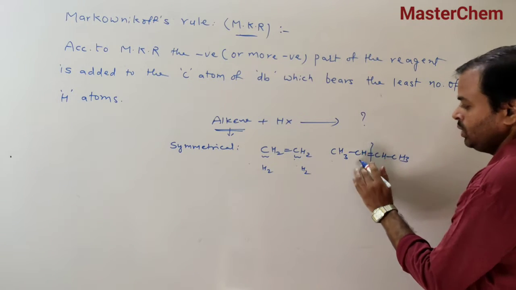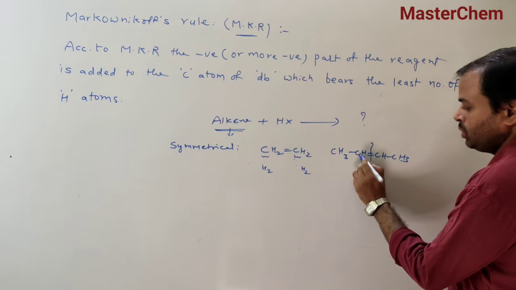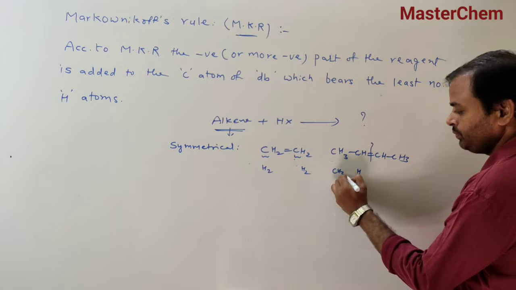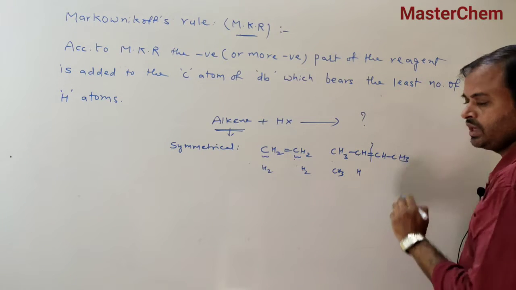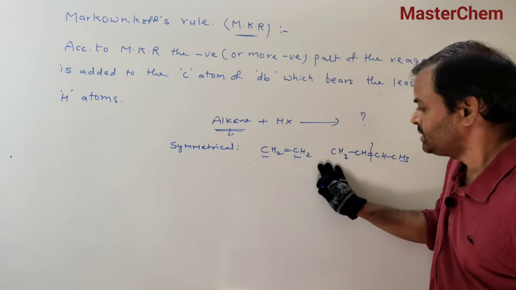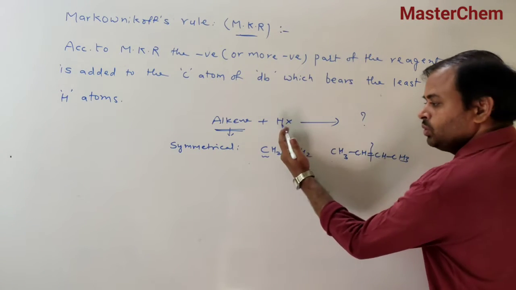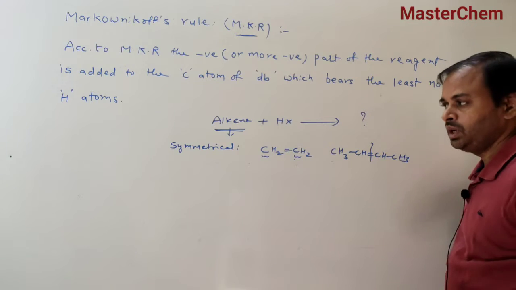Here also both carbons have the same attachments, one hydrogen and CH3. So these are called symmetrical, two halves are the same.